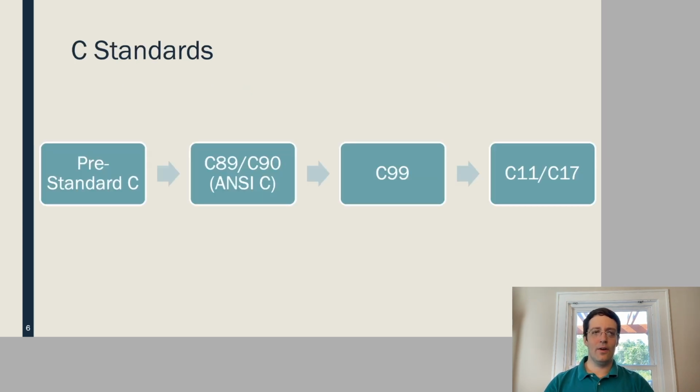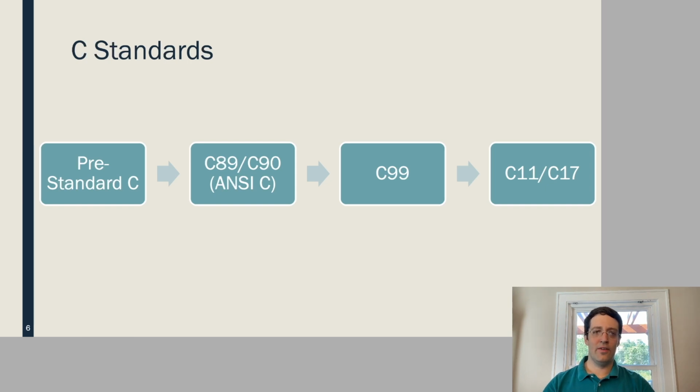Now I'll talk briefly about the C standards so we can understand how ORCA C complied with standards and what the newer standards are that it's now using. To talk briefly about the history of C, it was developed back in the 1970s at Bell Labs, but initially there wasn't a formal standard from a standards body for it. Then in the 1980s, there was an effort to develop a standard, which was initially done by the American National Standards Institute.